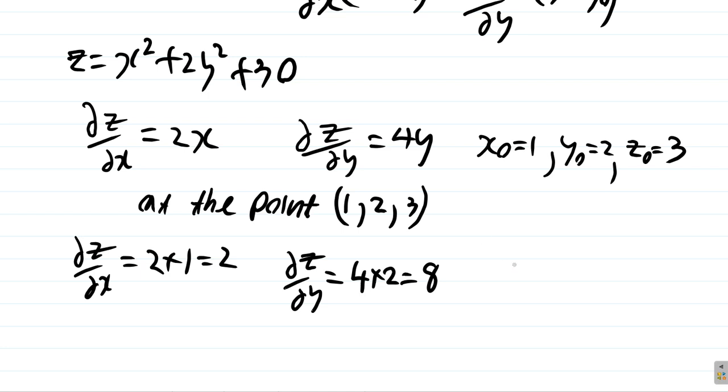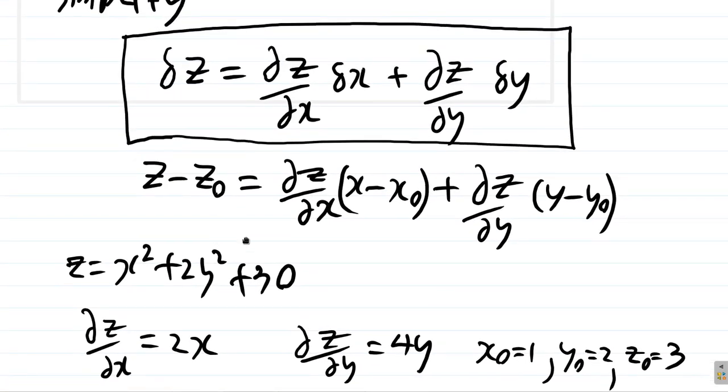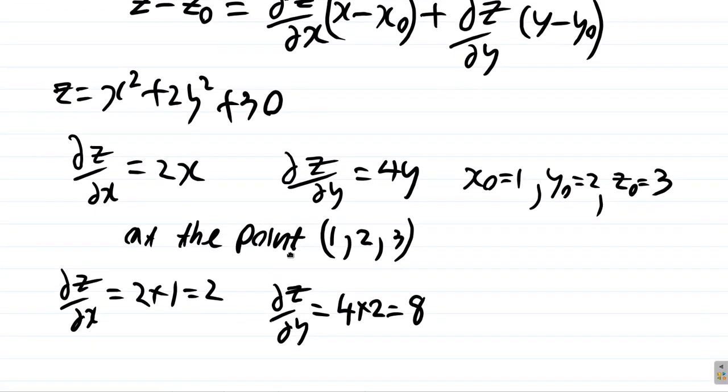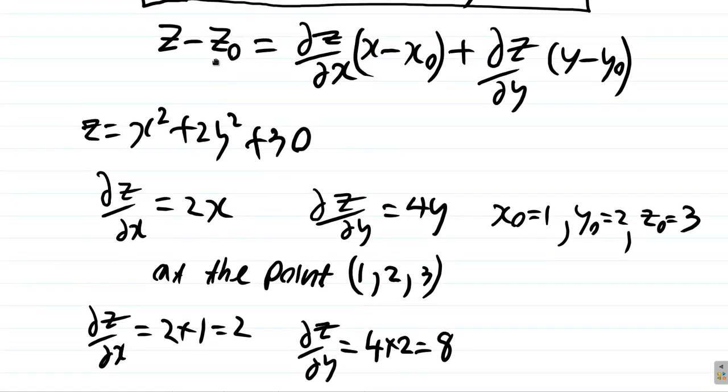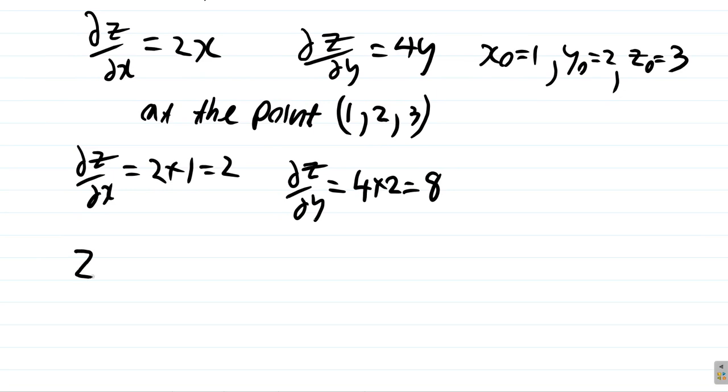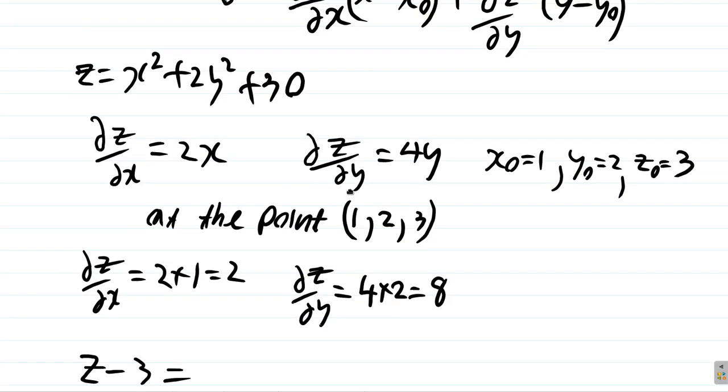And you have z naught, which is 3. But in this case, you don't have to worry about any delta z, right? So you just substitute these: z minus z naught, which is 3, equals what?